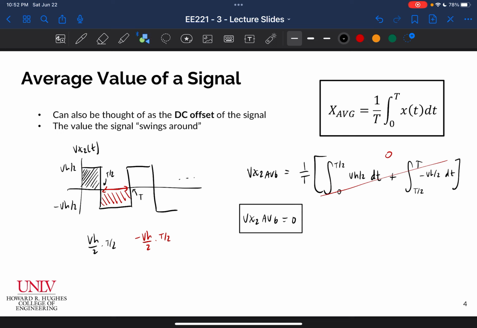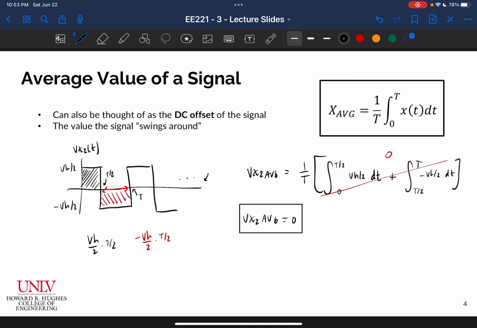That's interesting, because if we're going to do calculations where we want to multiply the average value of our signal by something, we're just going to get 0. For power analysis, that's not okay, because a lot of the time our signals do oscillate around a value of 0.